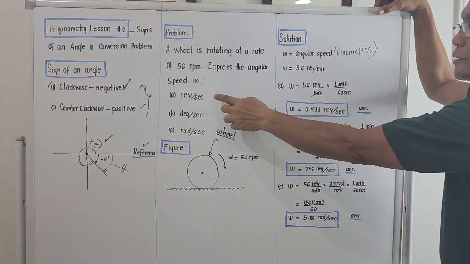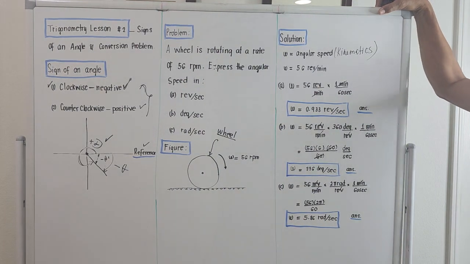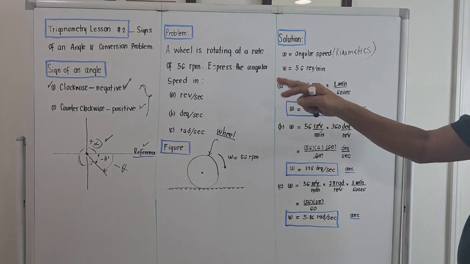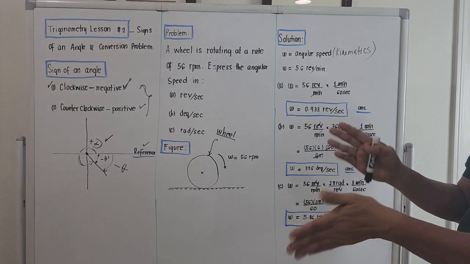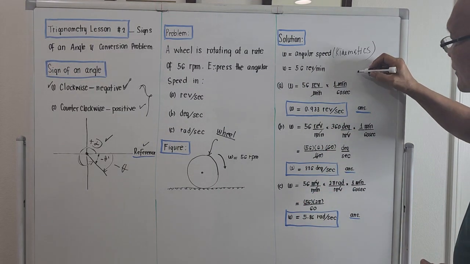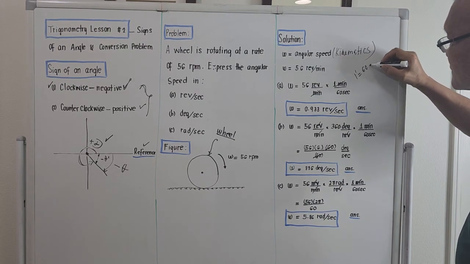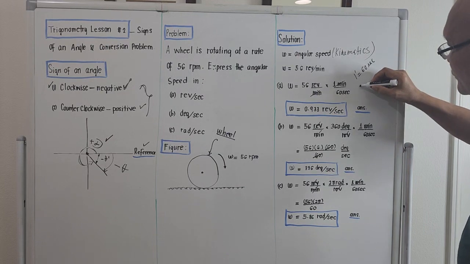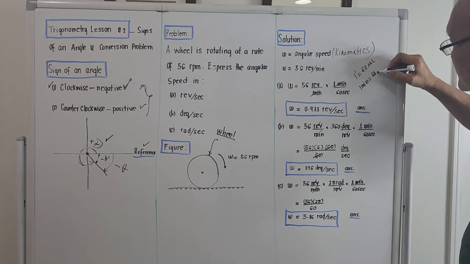We'll try to convert it to revolutions per second. So this is just an easy one. We'll just try to bring out the relation of minutes and seconds. The last time around, 1 minute is 60 seconds, right? 1 minute equal to 60 seconds. But in words, 1 minute is actually 60 seconds.